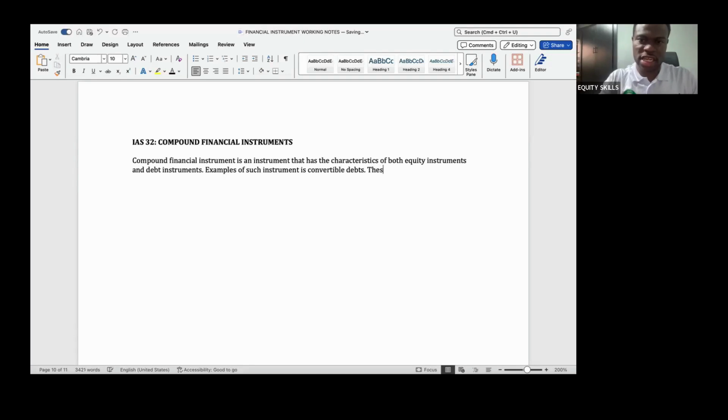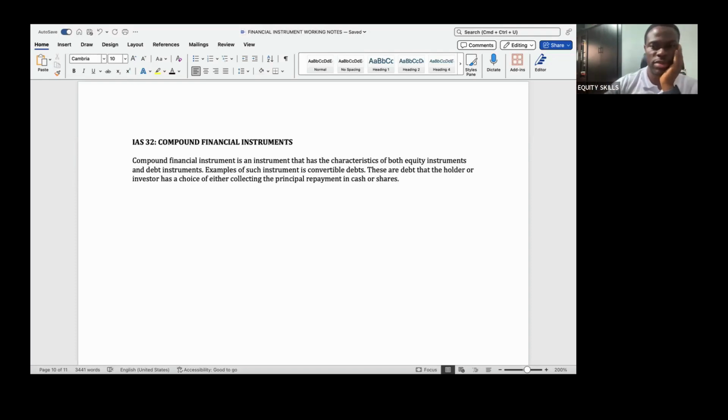And these are debts that the holder or investor has a choice of either collecting the principal repayments in cash or shares.